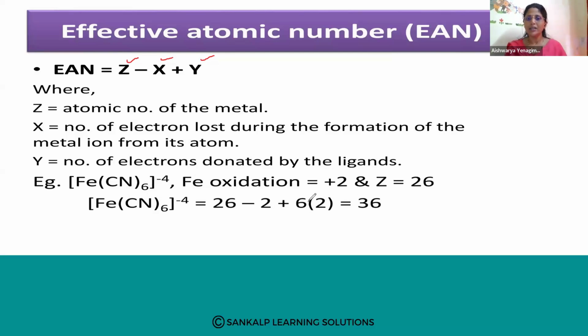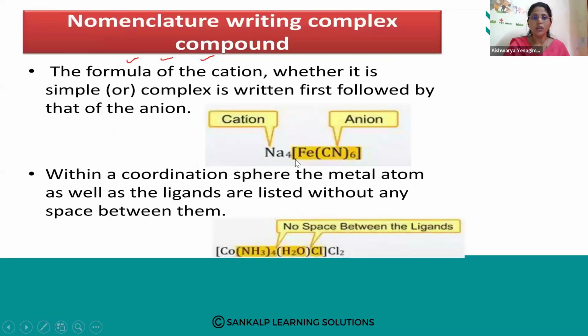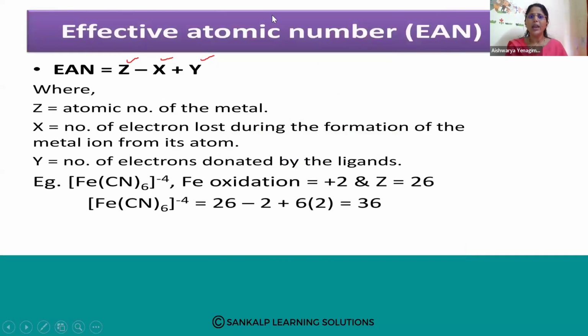How many ligands are there? 6. So 6 into 2 is 12. Calculate it and you will get the answer, that is 36. So this is about the effective atomic number. Let us try to understand this by taking some examples, to see how to calculate the effective atomic number.